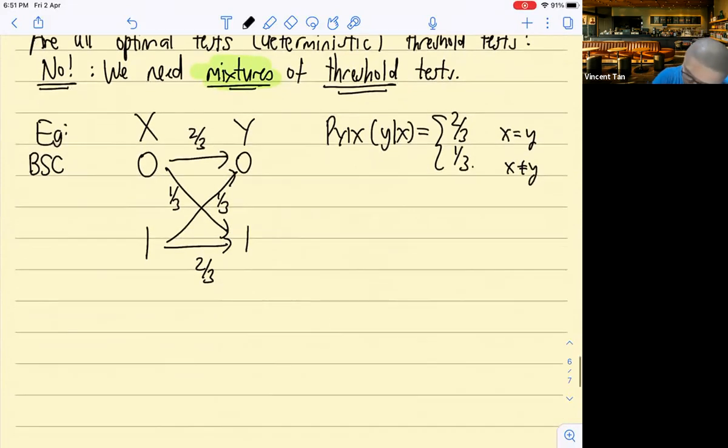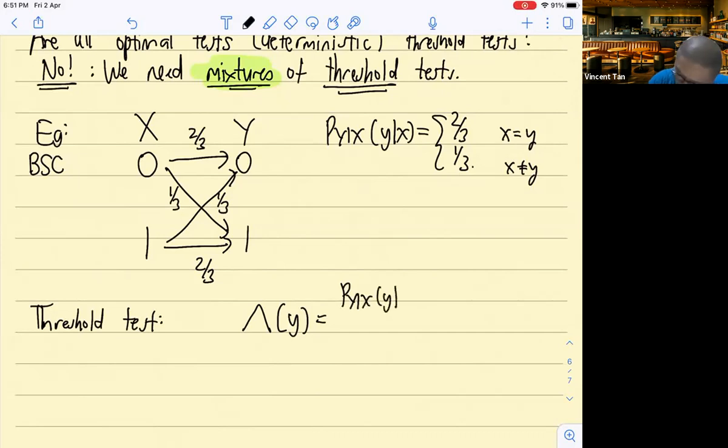Okay, so let's look at a particular threshold test, and let's actually draw the whole error curve to make it clear. So the threshold test has the form lambda of Y equal to P of Y given 1 over P of Y given 0, compared to eta, and this declares 0.